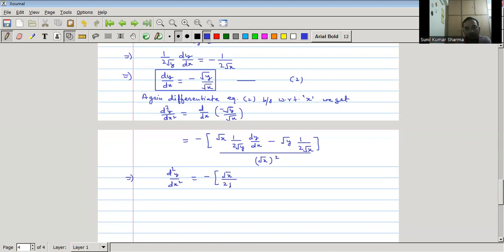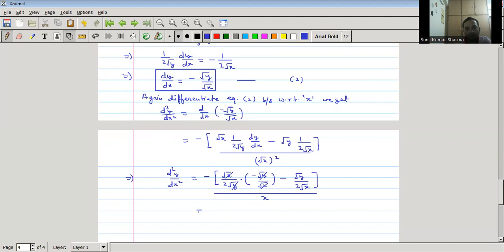Under root x upon 2 under root y into dy upon dx, which is minus under root y over under root x, minus under root y over 2 under root x, divided by x. So under root y and under root y cancel out, under root x and under root x cancel out.